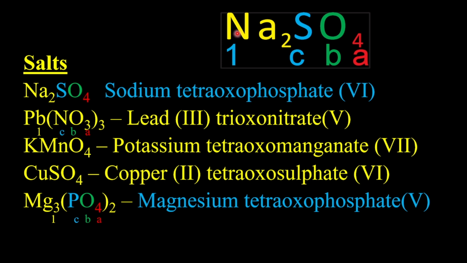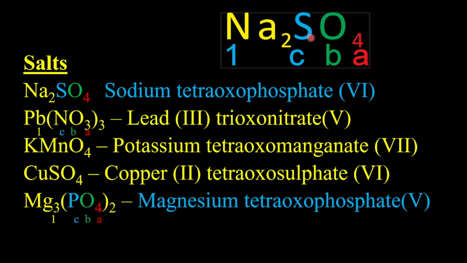We are starting. 1 here for sodium has a fixed oxidation number. There's no need for calculation. So we start with 1, we move to A, B, C. So let's go. Sodium tetraoxosulfate. Do we have any oxidation number? Yes, that is 6.